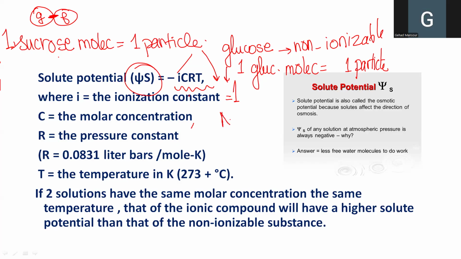But in a substance like sodium chloride, for example, you know that in water the ions are separated from each other because of the presence of the water molecules, and therefore the positive and negative particles will be separated.